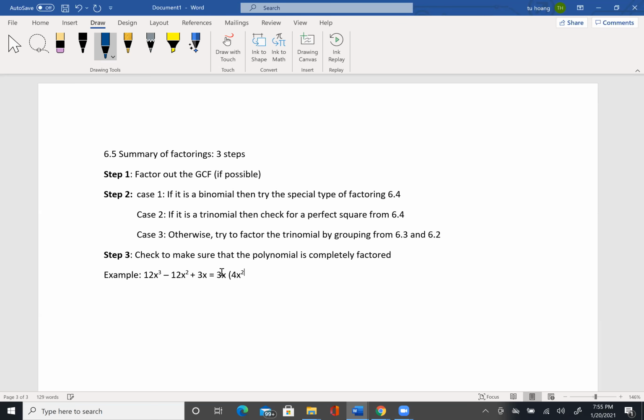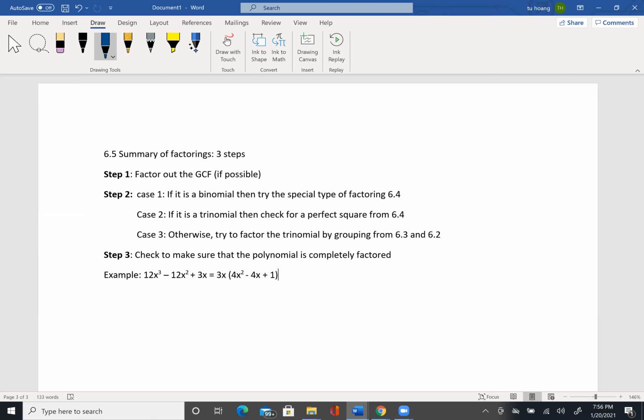When you take out 3x, the first term will have only 4x squared, and minus 4x, and then plus 1. All right. So I'm done with the greatest common factor, which is step 1.